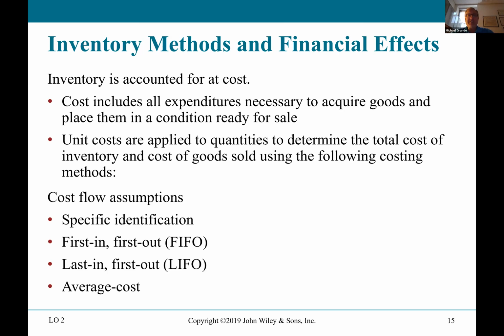The third assumption is last in, first out. And then the last one is average cost. The cost flow assumption that we take on is going to have an impact on the cost of goods sold. Therefore, we may have a different net income depending upon the cost flow assumption.